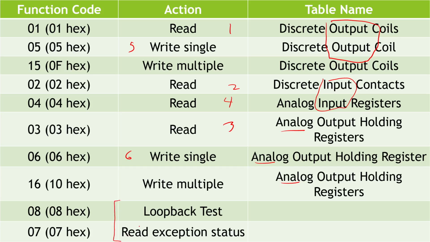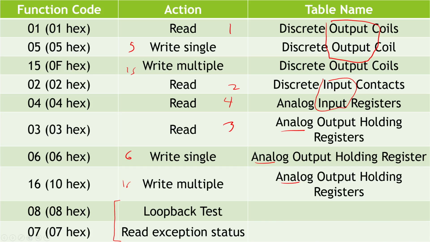And then at some point they probably said, you know what, we need to be able to read or write multiple things at once, save us having to send so many messages. So that's why they added 15 and 16 that are also writes. So they are kind of grouped in 2 different ways. On my screen, they're grouped by data type, so whether it's digital or discrete or analog. But they're also grouped by reading, those are all together, and then writing, those are together. So just a little bit of give and take going on there.